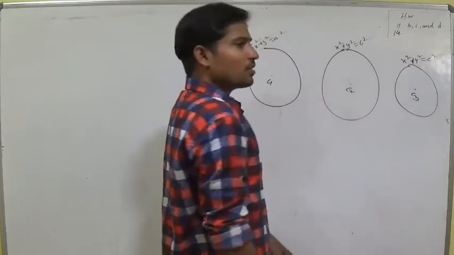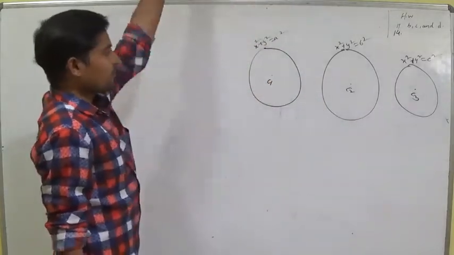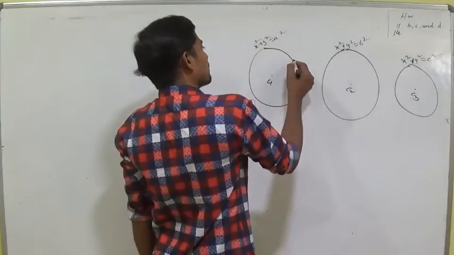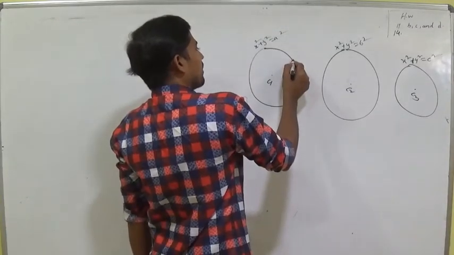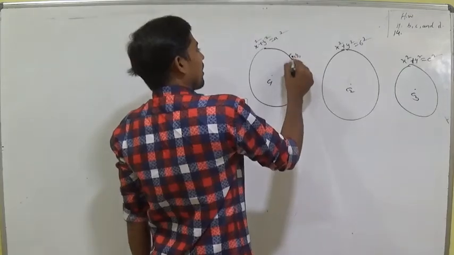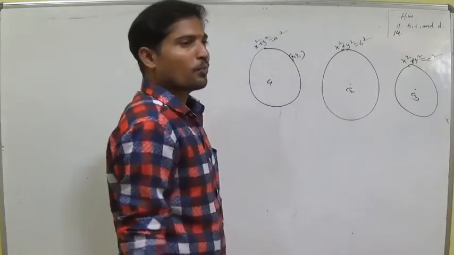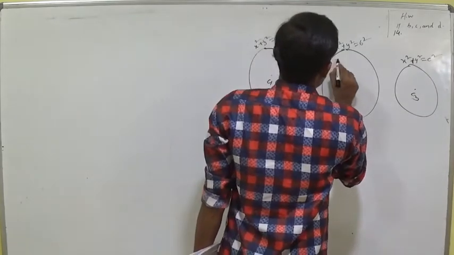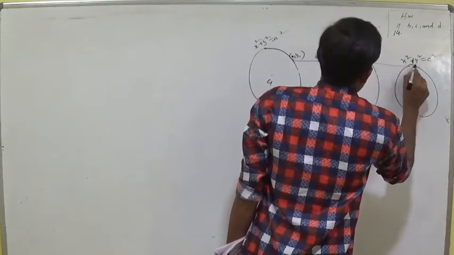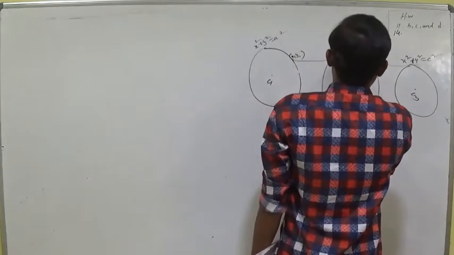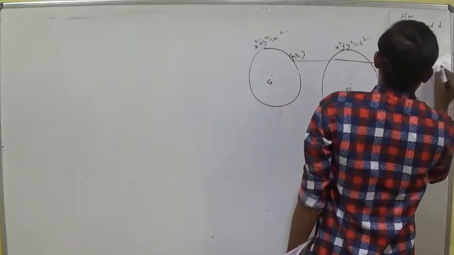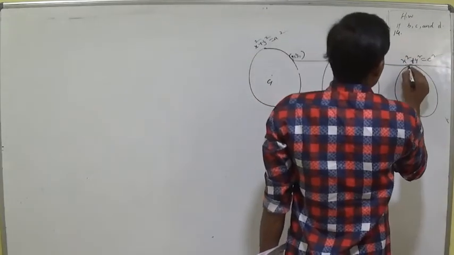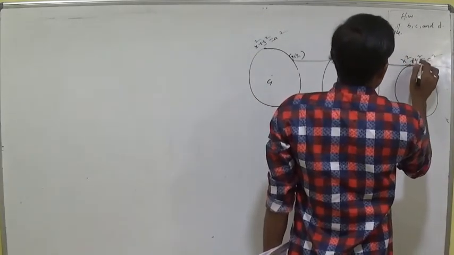The polars of the points on the circle x² + y² = a². Suppose I take a point here, that point is (x1, y1). Through that point I draw a polar to the circle of b², which I have drawn like this, which becomes a tangent to that circle, meaning it touches at one point.